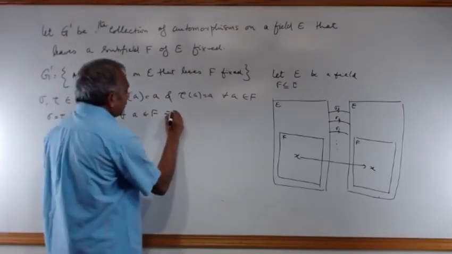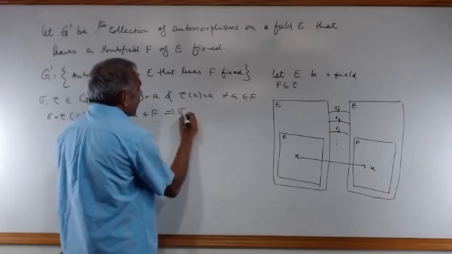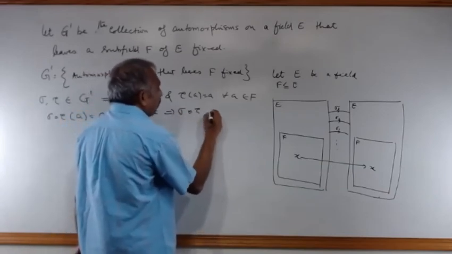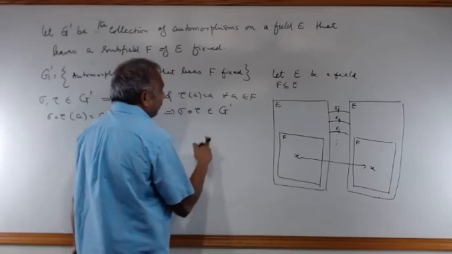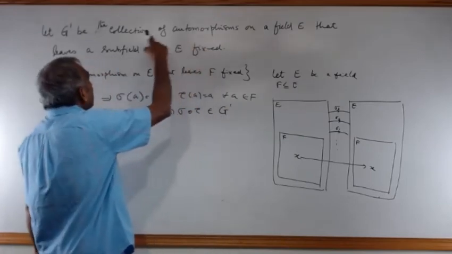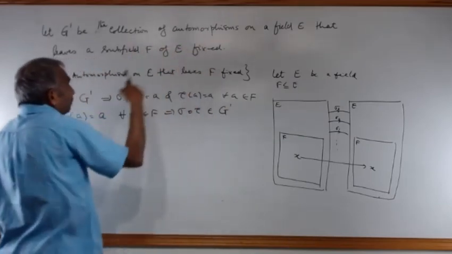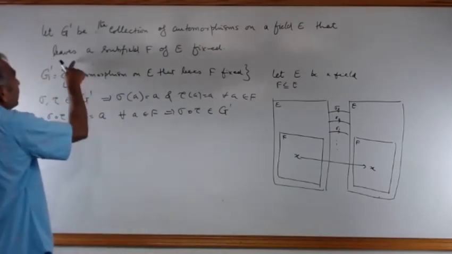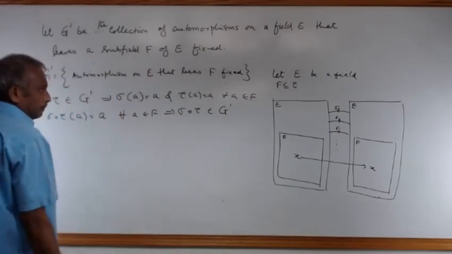And that implies sigma after tau belongs to G prime, because G prime is the collection of all automorphisms that leaves the subfield fixed.